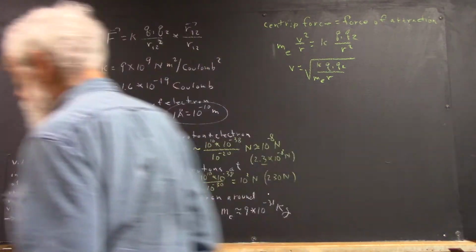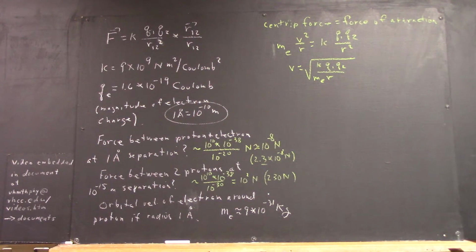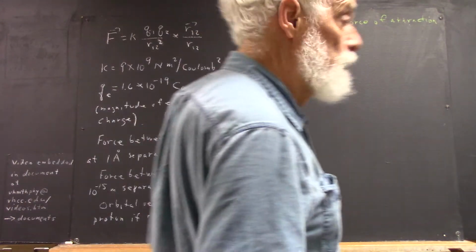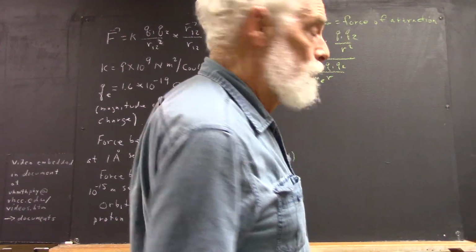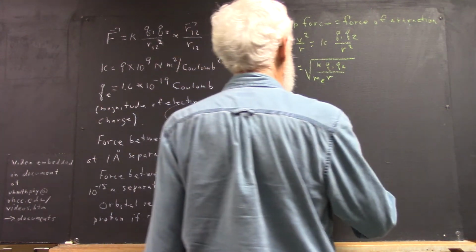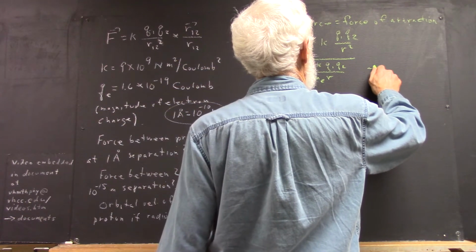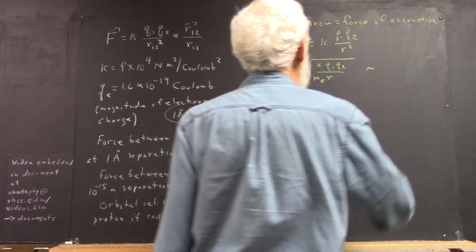It's not a particularly important number because it turns out that at that radius you can't possibly have an electron orbiting a proton, for reasons we'll see in a minute. Okay, so this is on the order of what?